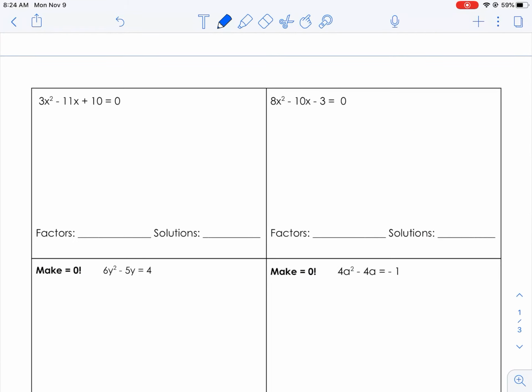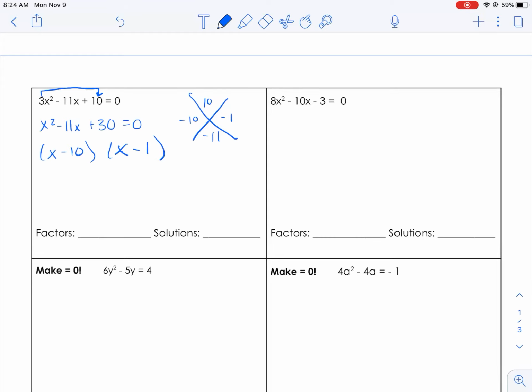Couple more examples. This one we will slide our a term over and multiply. So x squared minus 11x plus 30 equals 0. And we want factors of 30 that add to be negative 11. So for this one, we're going to have negative 10 and negative 1. x minus 10 and x minus 1.